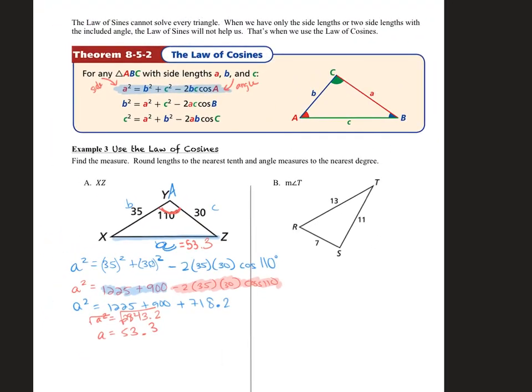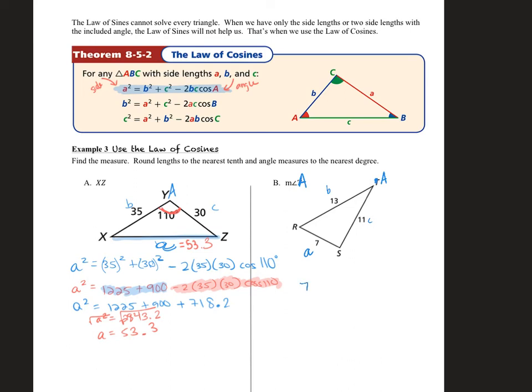And now this time measure of angle T, remember I told you that we're going to call it A every time, so it's really the measure of angle A, which means that the lowercase a is 7. And now my other two are just B and C, whichever one you want it to be.